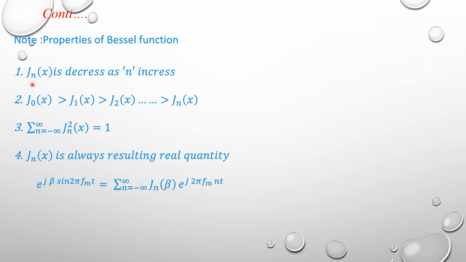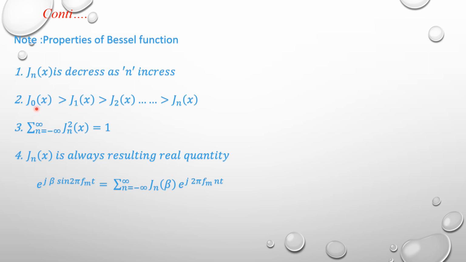The first property is that Jn of x decreases as n increases. The second property is that J naught of x, where n is equal to 0, is greater than the value for n equal to 1.